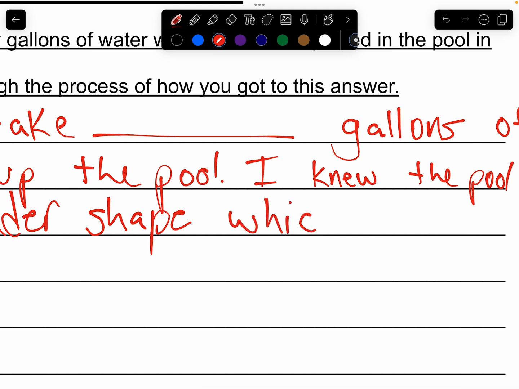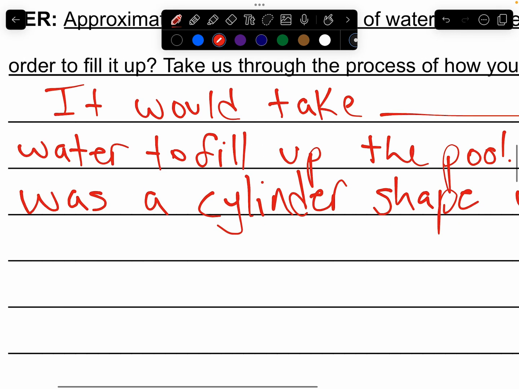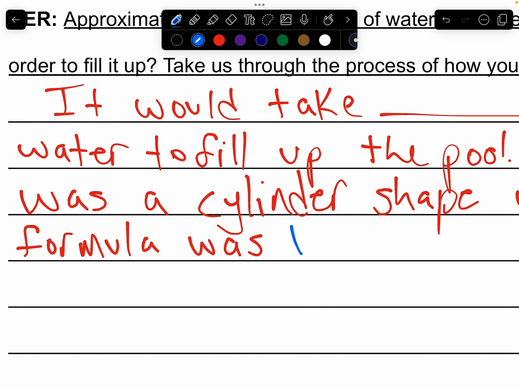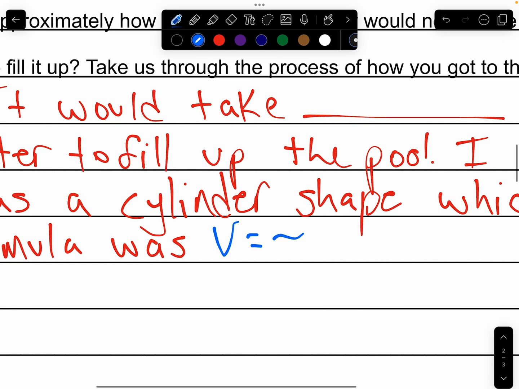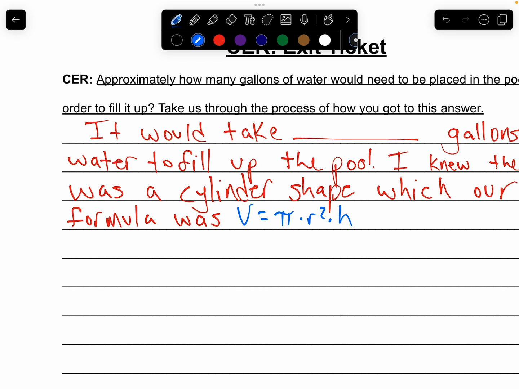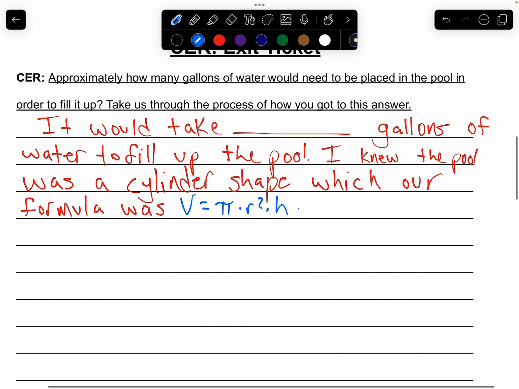Which meant our formula was V equals pi times r squared times height. Cool. Very important. Key words here. Formula, the actual formula, okay? Cool. Here's another one, cylinder.